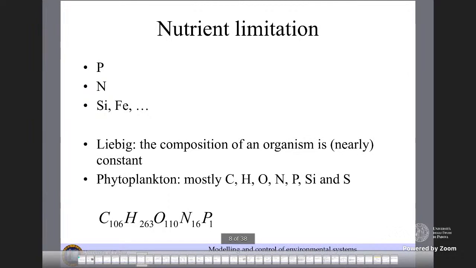I recall to you that when we think about nutrients, we are thinking essentially of phosphorus, nitrogen, but also silicates or iron. In general, ways of combining the effect of multiple limitations due to the presence or absence of one or more of these elements are in general modeled by employing a Liebig's minimum approach.